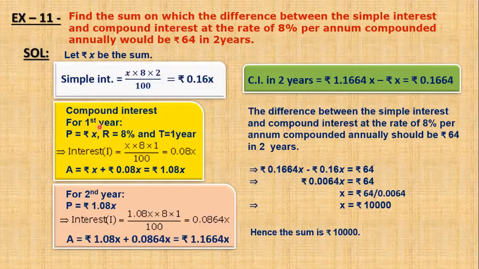Now we will solve for compound interest. For first year, principal is rupees x, rate is 8% and time 1 year. Interest, PRT upon 100, we will get 0.08x. Now amount at the end of first year will be rupees x, that is the principal, plus interest rupees 0.08x is equal to rupees 1.08x.